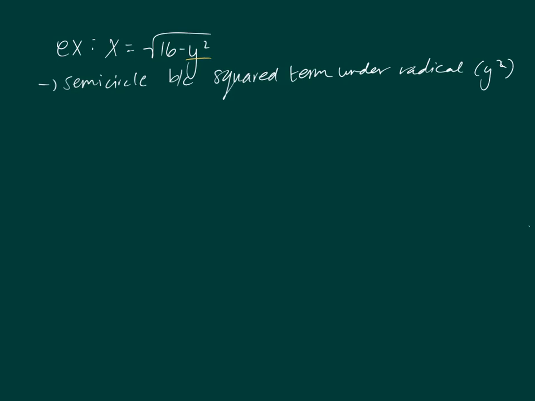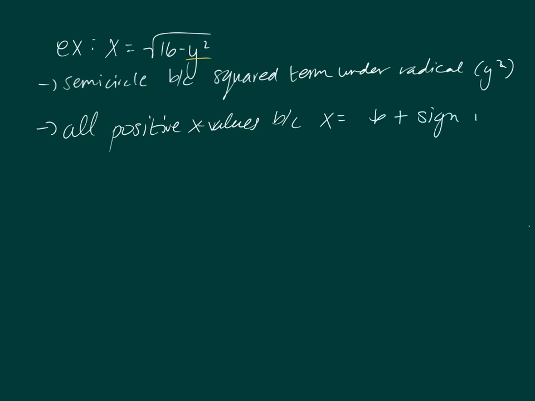The next thing I need to figure out is which part of the semicircle I have. Looking at my equation, I want all positive x values, because it's an x equals equation and there's a positive sign in front of the radical.